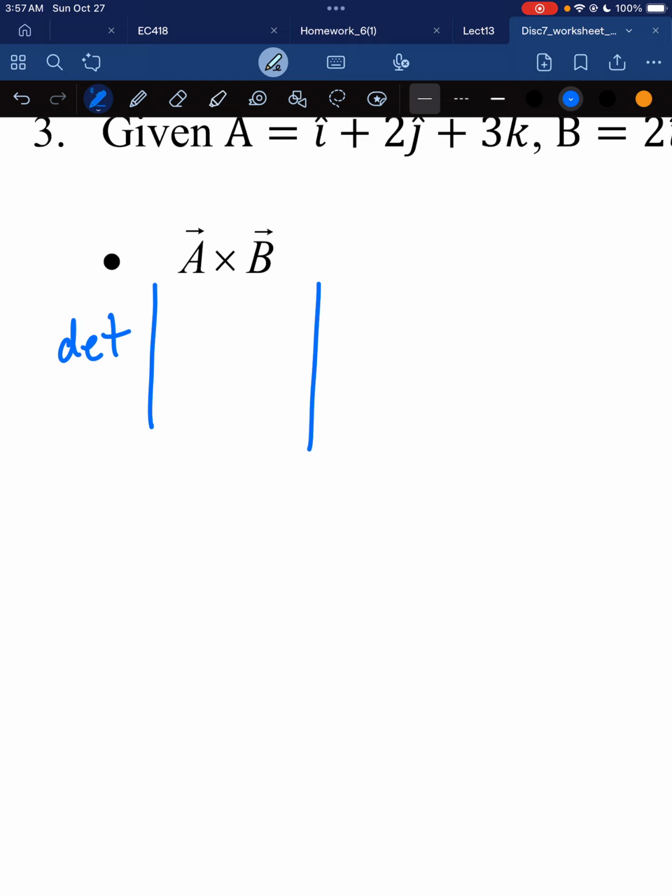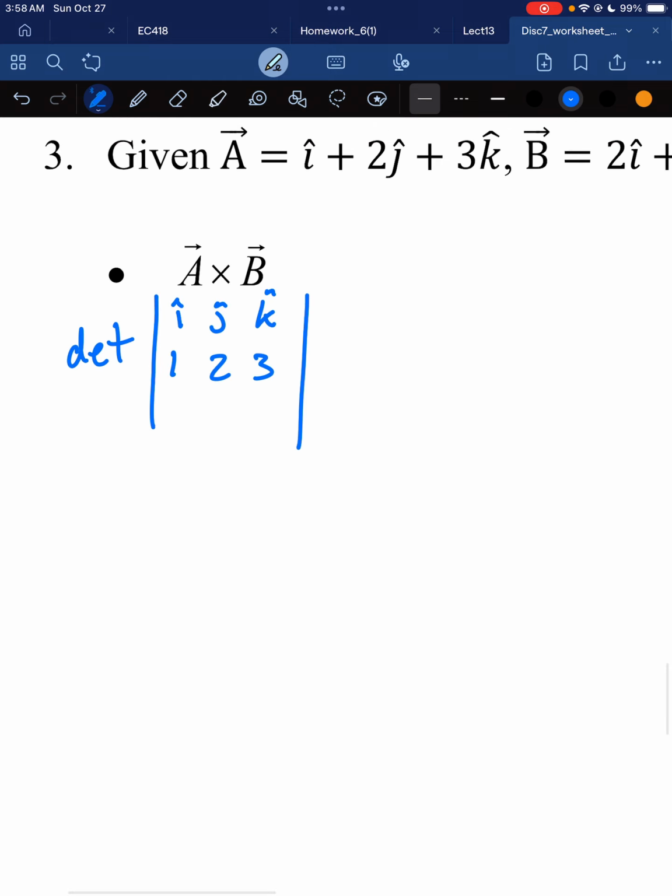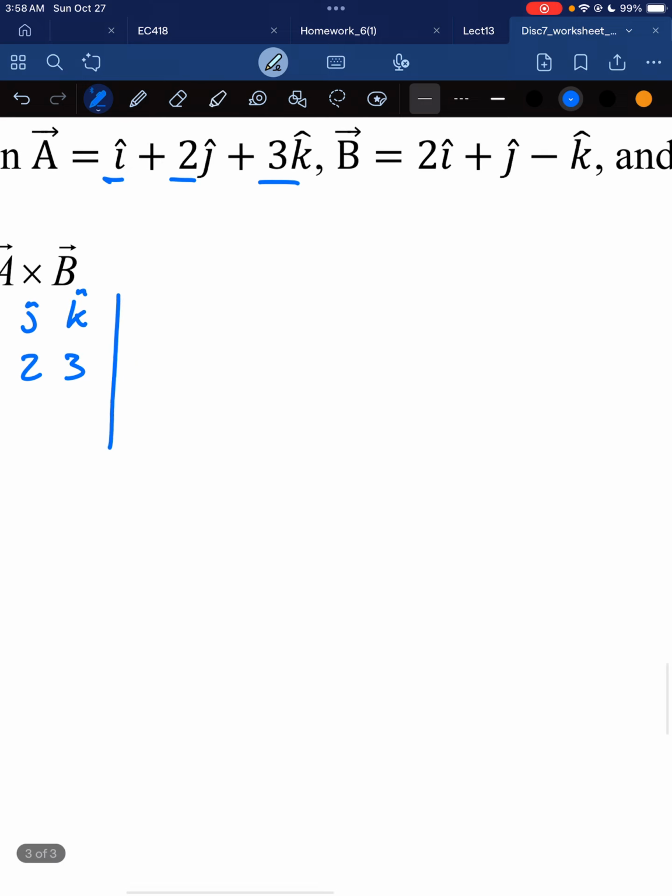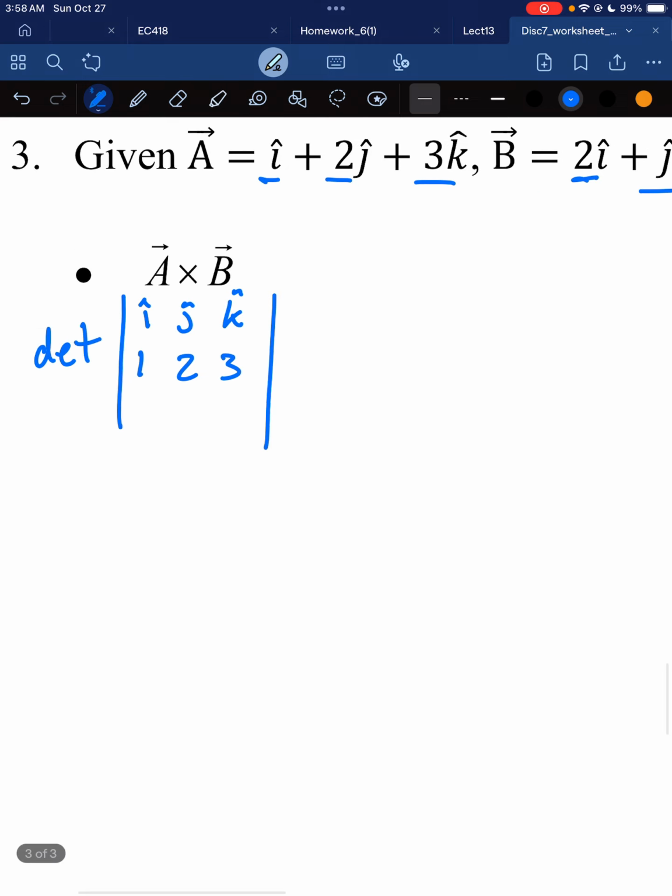Our top row is going to be our i, j, and k hat unit vectors. The second row is going to be the components of the A vector, so that's going to be 1, 2, and 3. You see that here. And then for B, it's going to be 2, 1, and negative 1.